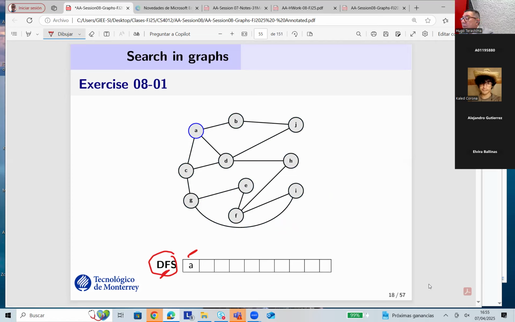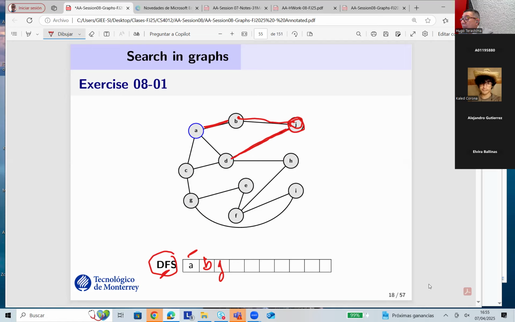DFS. What is it? B, then J. I go as deep as possible, right? And then C, I need to continue from here. I still have this connection, right?